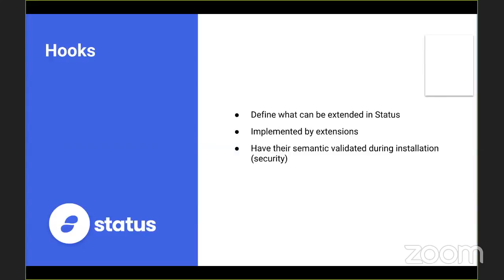So yeah, that's kind of what I was saying. A hook, sorry, is what allows developers to understand what is exposed by Status. So as I was saying, chat commands, but also specific token panels. If you want to customize how CryptoKitties is displayed inside Status, this will be a different type of hook.